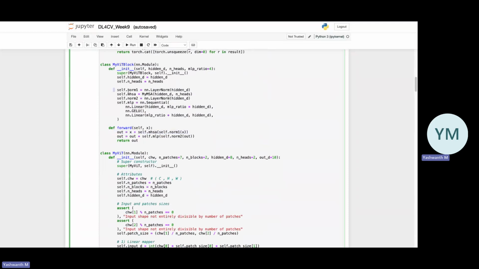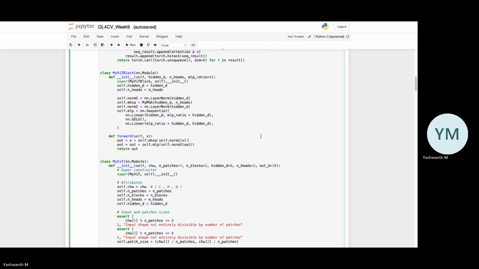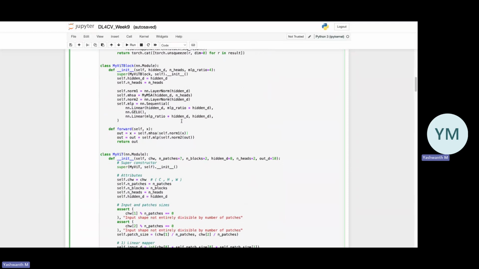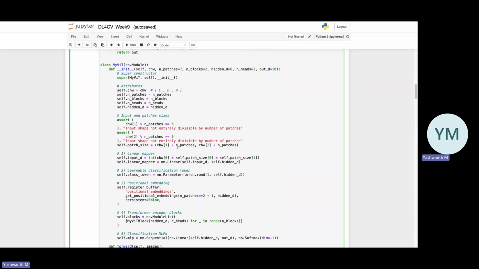Here we use the layer norms twice, once at the output of the self-attention and once at the output of the multi-layer perceptron, as shown here. So this concludes the operation of one ViT block. The entire ViT has several layers that is programmable, and this is what we show here.